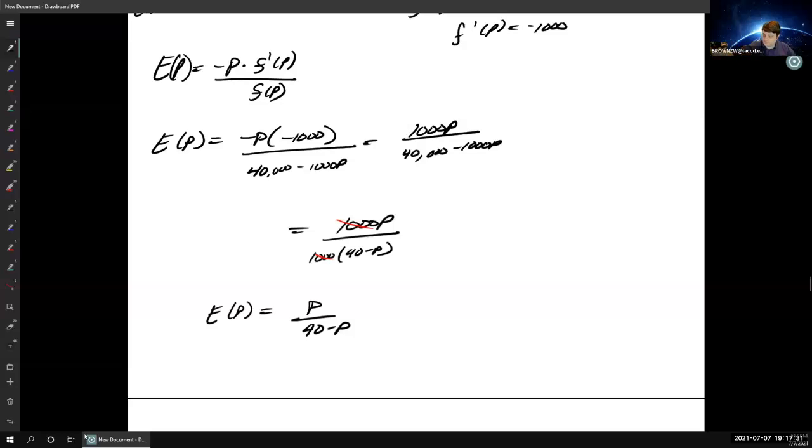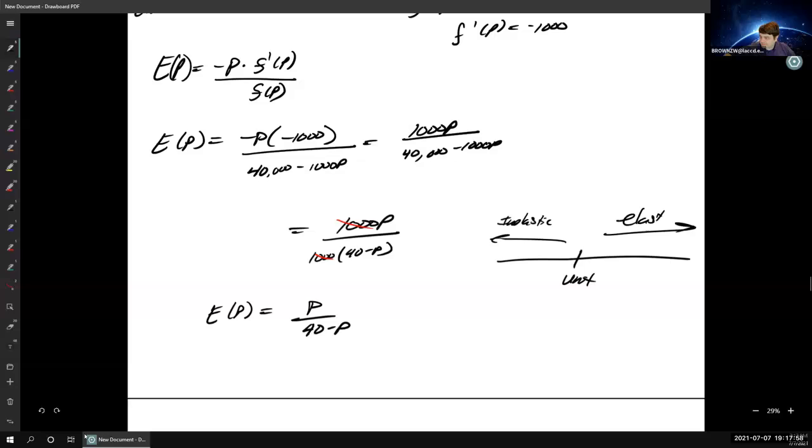Okay, so we want to find the intervals where we are inelastic versus elastic. Usually what we'll do is figure out where my good has unit elasticity, and then from there, we'll say everything below will be inelastic and everything above will be elastic.